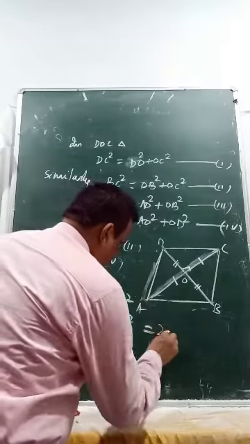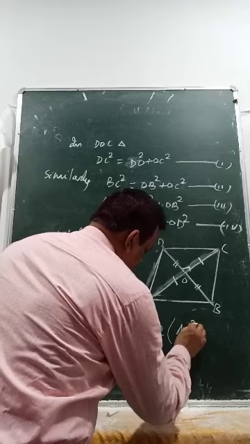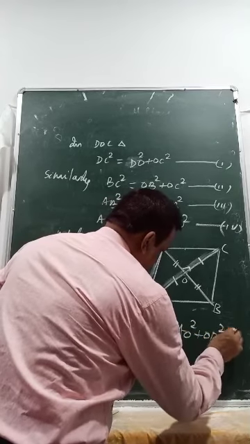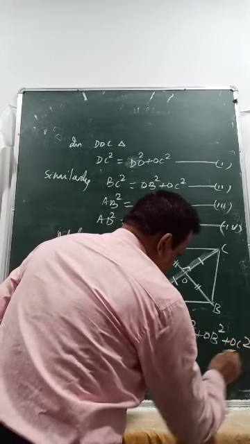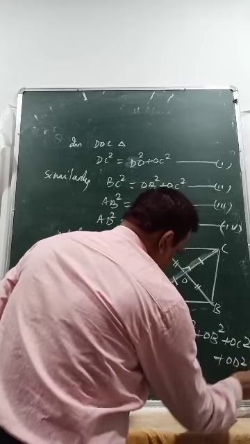So everything is 2 times. So 2 times AO square plus OB square plus OC square plus OD square.